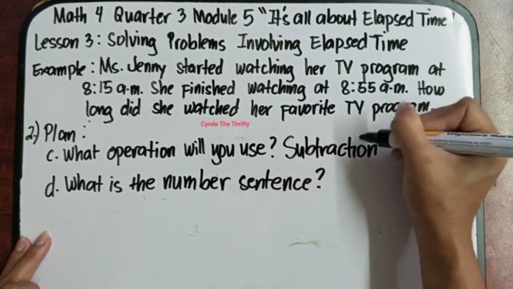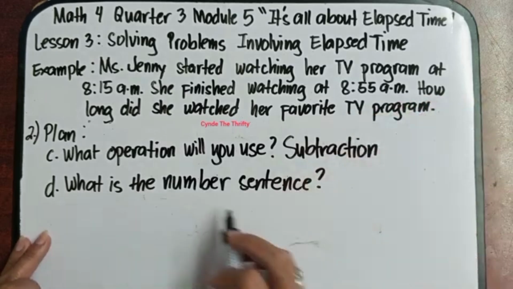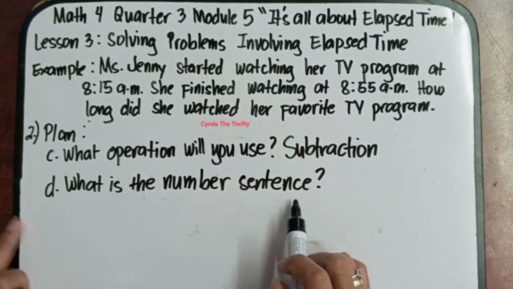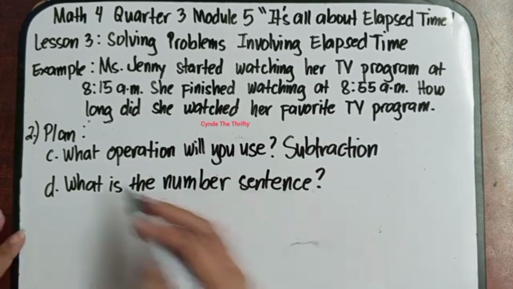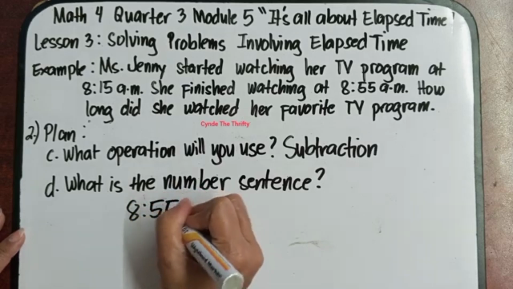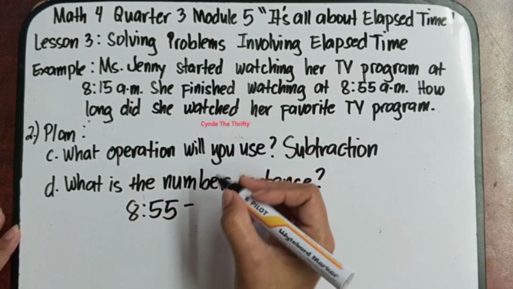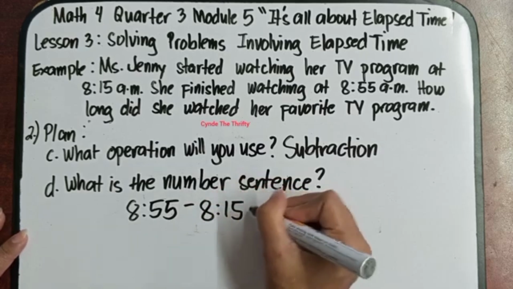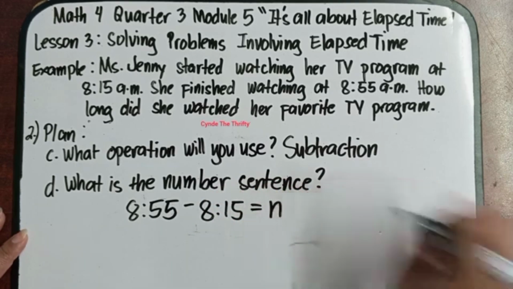Okay, so subtraction. And then what is the number sentence? So paano natin isulat sa number sentence ang ating given? So ang pagkasulat natin is 8:55 a.m. minus 8:15 a.m. is equal to n.